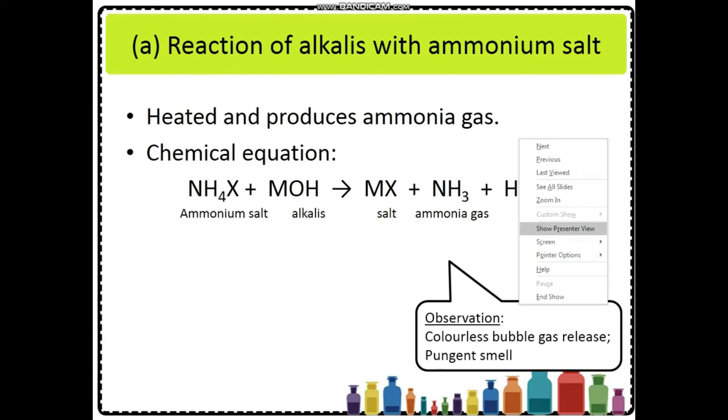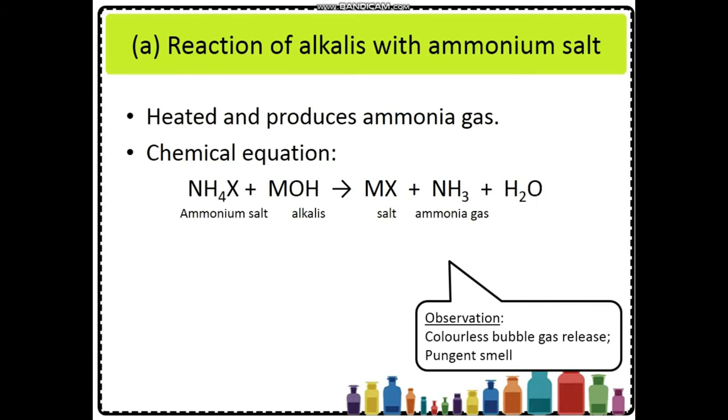How can we determine the product? NH4X will break into NH4 plus and X negative. The alkali will break into M plus, as we learned before, from the metal ion.